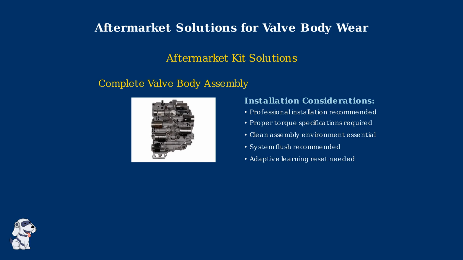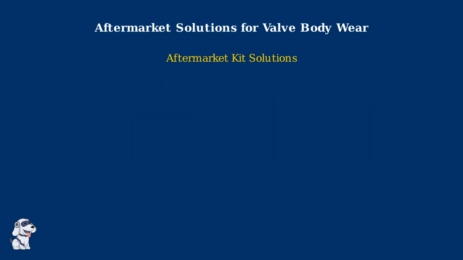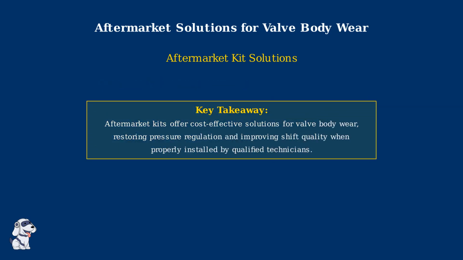Professional installation is recommended, along with correct torque specifications, clean assembly environment, system flush, and adaptive learning reset to ensure optimal performance. Aftermarket kits represent a practical and cost-effective approach to addressing valve body wear in 6L80 transmissions, providing the components and materials needed to restore proper pressure regulation and shift quality when installed correctly.